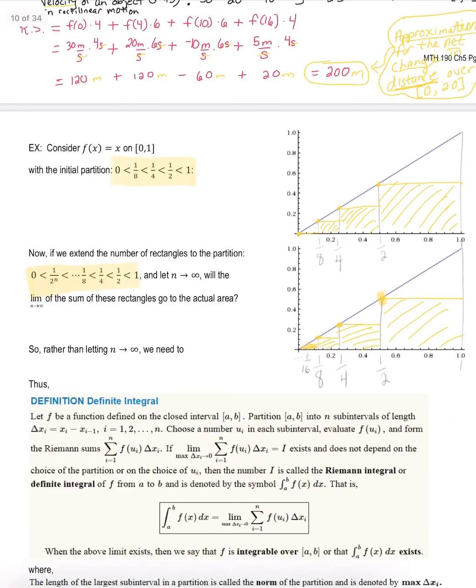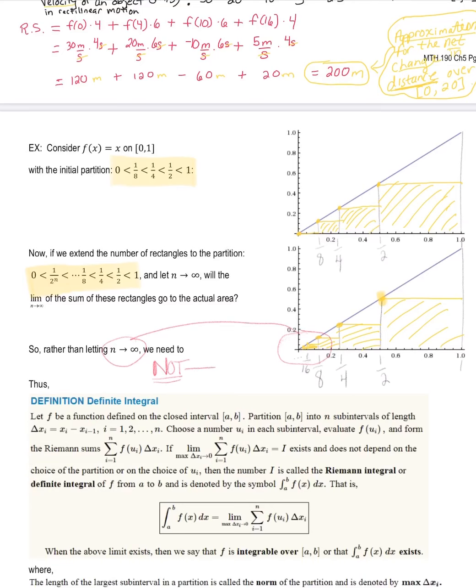But notice that as I let this pattern of n, if I let these rectangles of unequal width go to infinity, more rectangles down here is not going to help. So if I look at what's happening in this region here, looking at more rectangles in here, letting this pattern of n go to infinity, this is not closing in on the actual area.